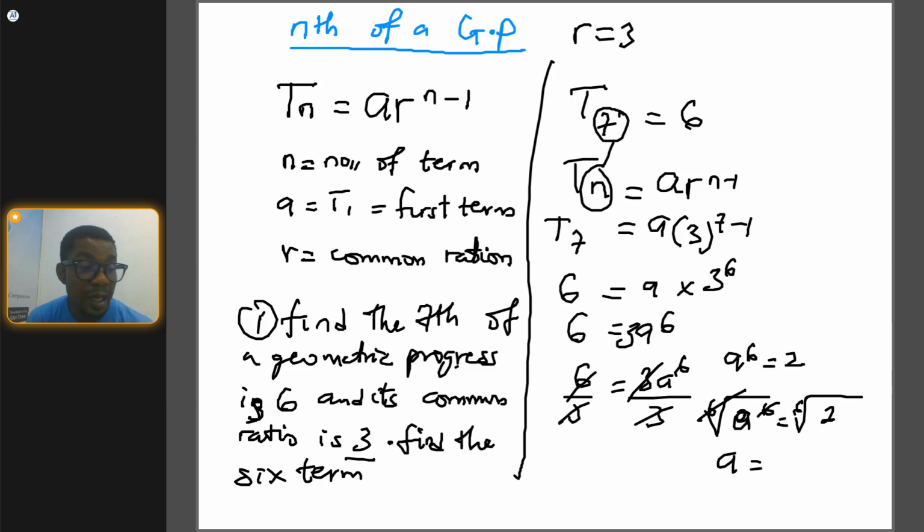Or better still, we can express the final answer as what we have here. So that is going to be 6 equals A multiplied by 3 raised to power 6. Making A the subject of the formula, A will be equal to 3 raised to power 6 divided by 6.